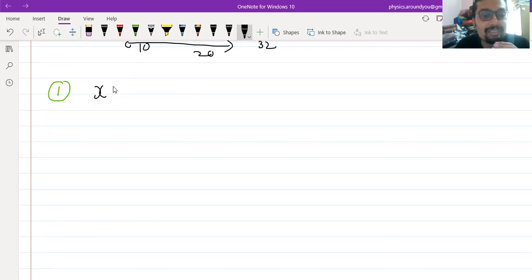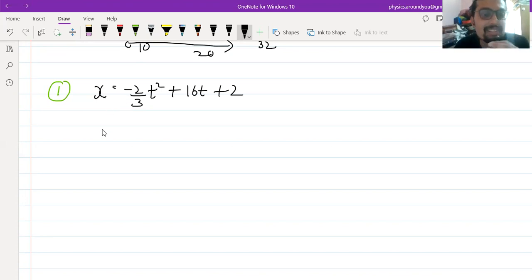The position of a particle is given by x equals minus 2/3 t square plus 16t plus 2. What does it mean? At any instant of time, I can find where the particle is. I can find the address of the particle. Given that at any instant of time, I can find the position.